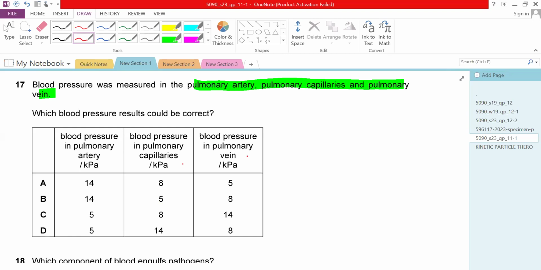The blood pressure in the pulmonary vein would be less, as veins have less blood pressure. However, the blood pressure in pulmonary capillaries would be a bit higher compared to veins, and the artery will have the highest pressure in total. So option A is correct for question number 17.